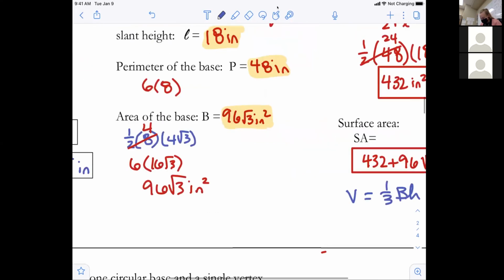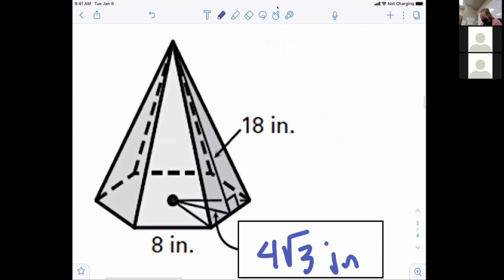In my hexagon picture, my slant height is this line right here, which we have labeled 18. My normal height would be up from the vertex down to the center. The third line that I'm missing goes from the center to where the slant height was, which is right here. That is the side that we labeled 4√3.